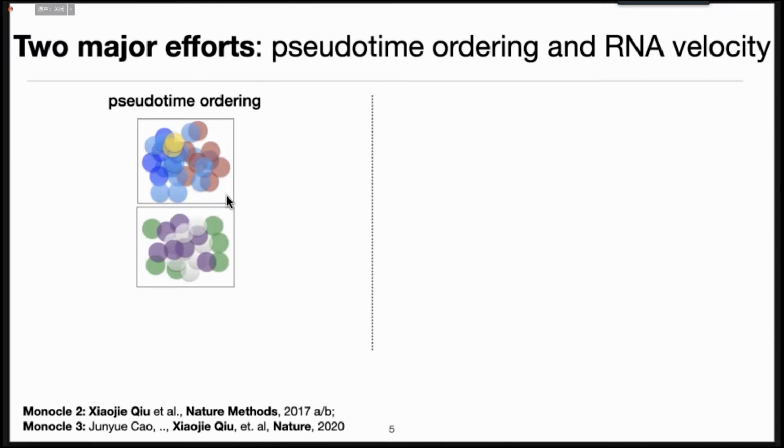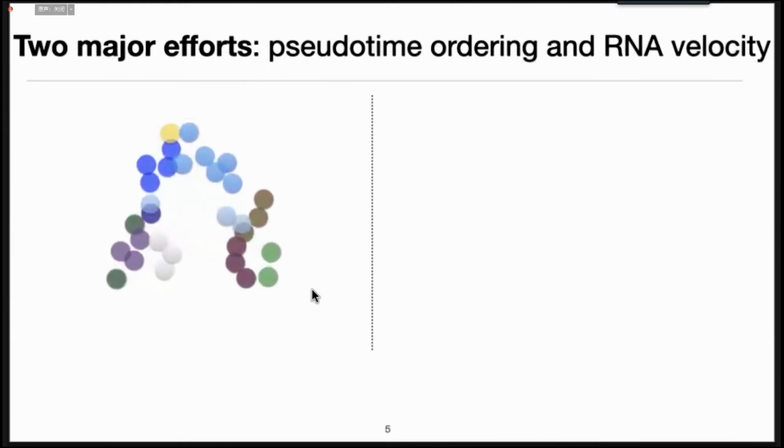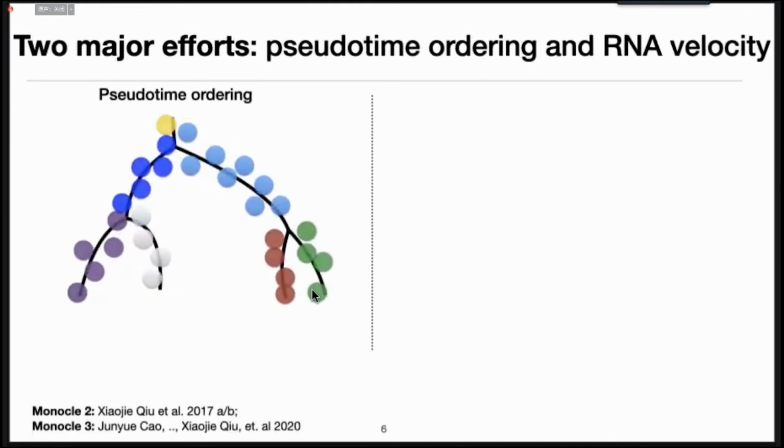With machine learning algorithms such as Monocle 2 and Monocle 3, developed during my PhD, we can leverage the gene expression similarity across the cells to learn a graph manifold, and then order the cells along this manifold so that we can quantify the relative position and branch of each cell in a dynamic process.